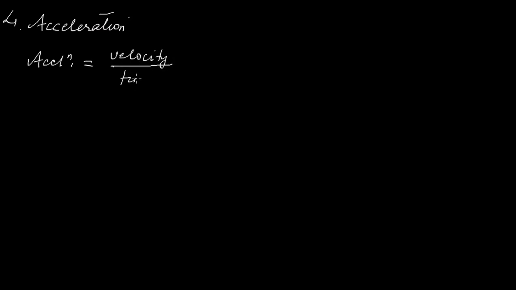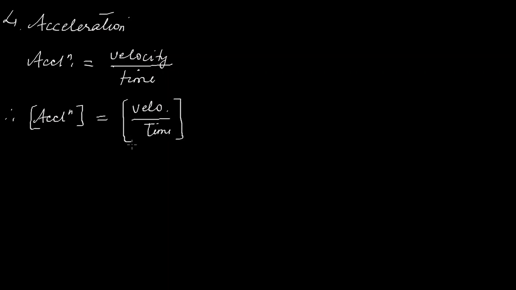What about number 4? Acceleration. How do you define acceleration? Acceleration is velocity divided by time. So therefore acceleration inside of the square bracket is equal to velocity by time, this also inside of the square bracket.